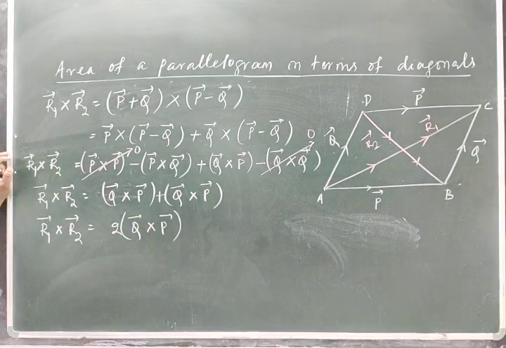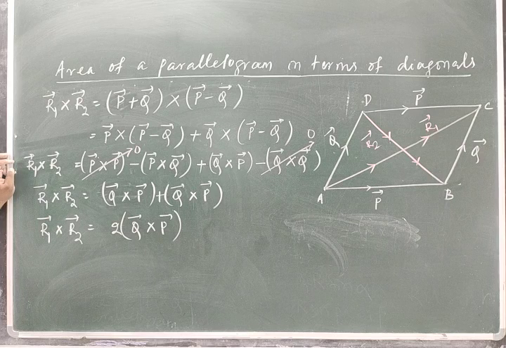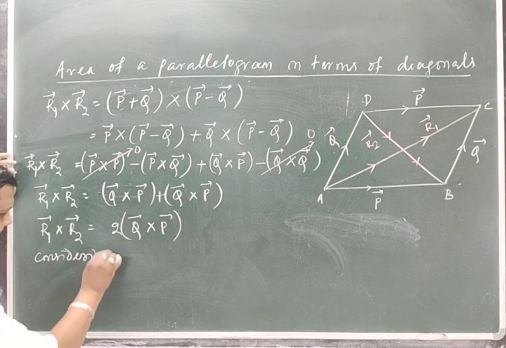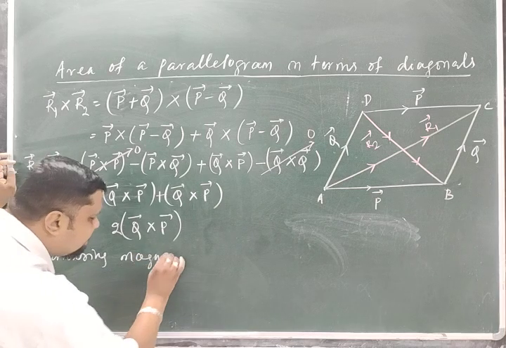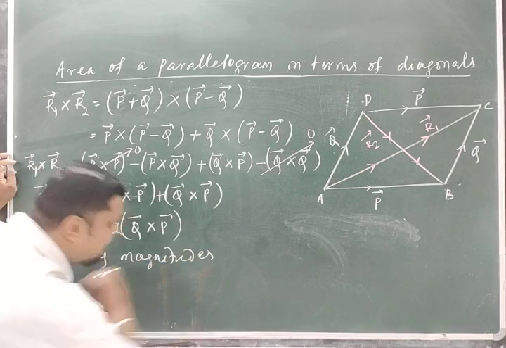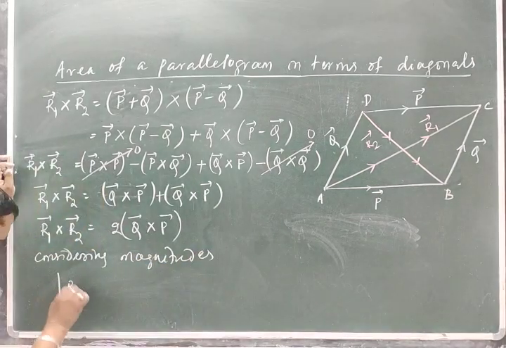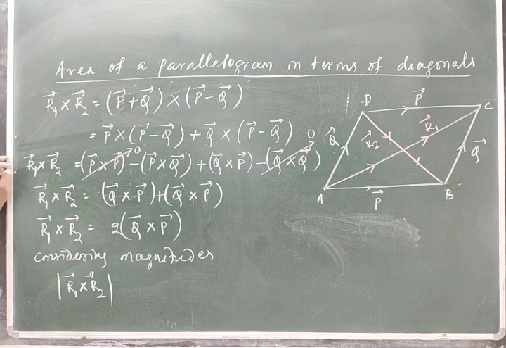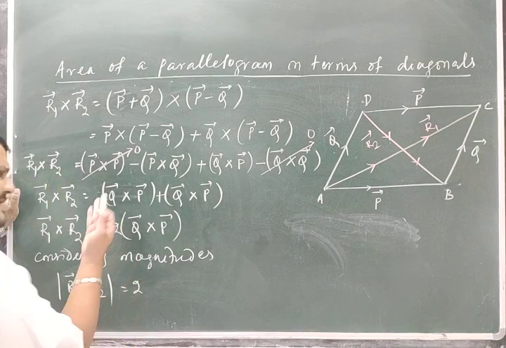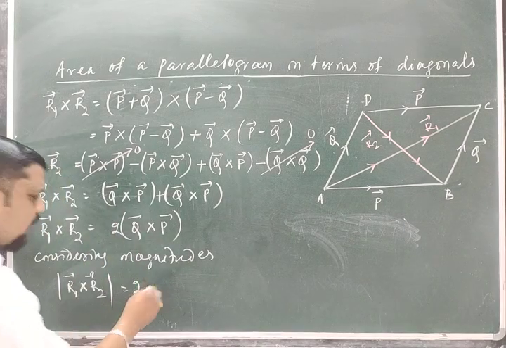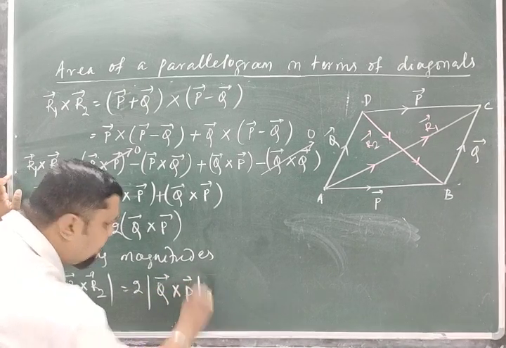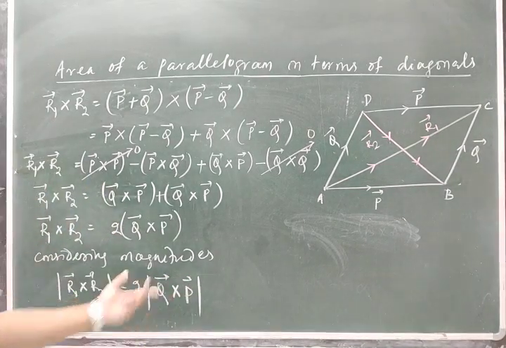We can write this one by taking the mode on both sides, considering magnitudes. The mode of R1 cross R2 is equal to 2, which is only the scalar part, so no need to take it in mode form, times Q cross P. What is this, Q cross P or P cross Q?